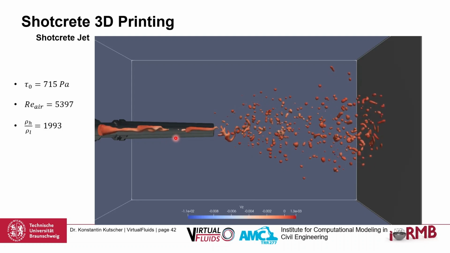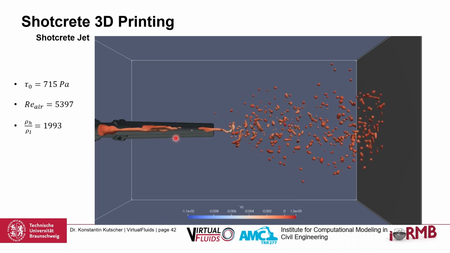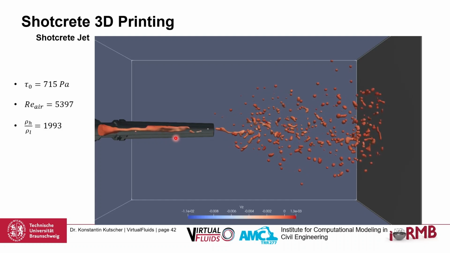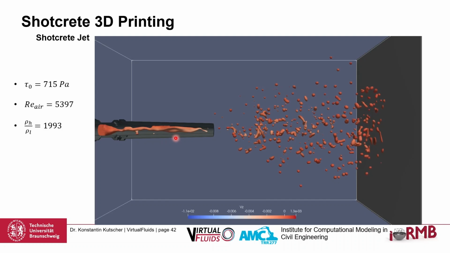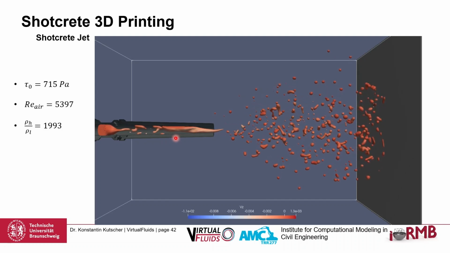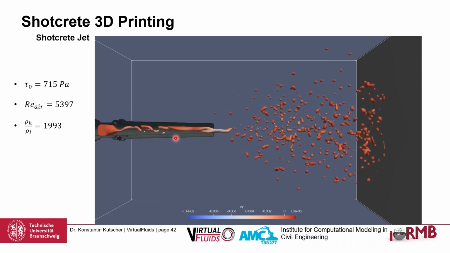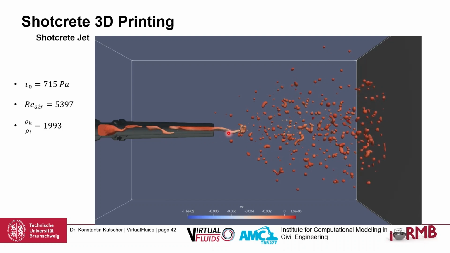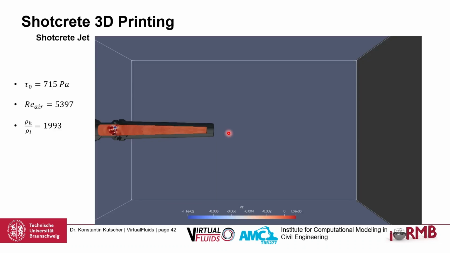But you can see it's pretty similar to what we see in the video, and we also compute the average velocity in the jet. I don't have the slide, I think.